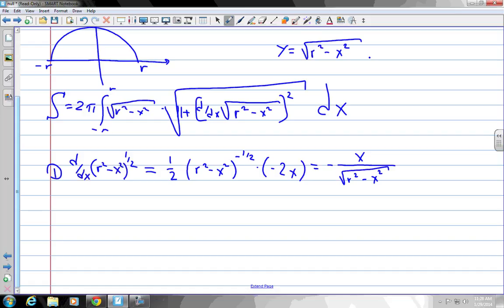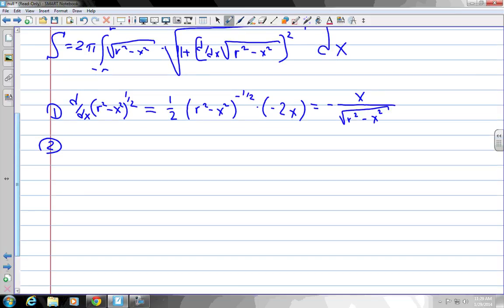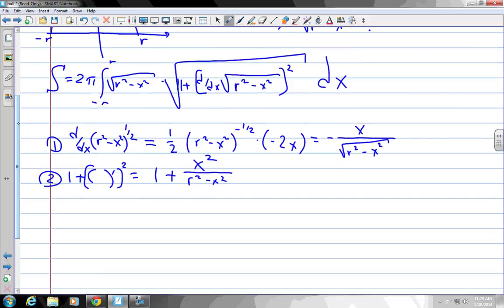Well, I mean, it gets squared, right? So when I compute 1 plus the derivative squared, this is going to be 1 plus that squared, so that's x squared, and the square root goes away, and the negative goes away. Is that right? I mean, it's still under the big square root, but hey, I'm just doing it step by step.